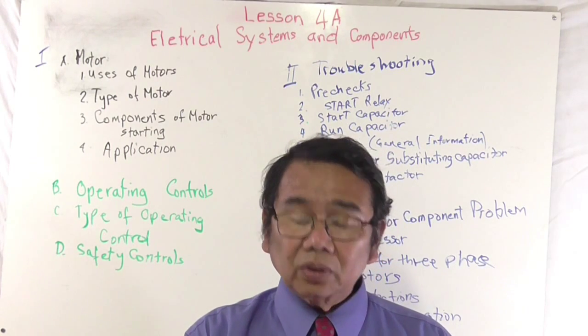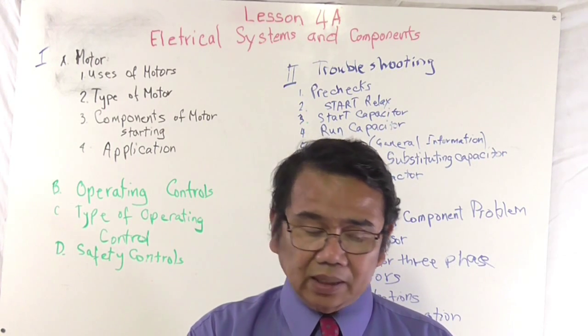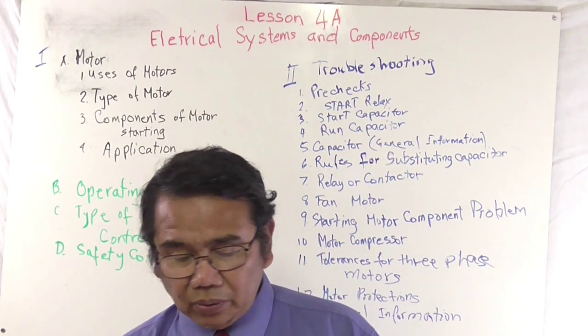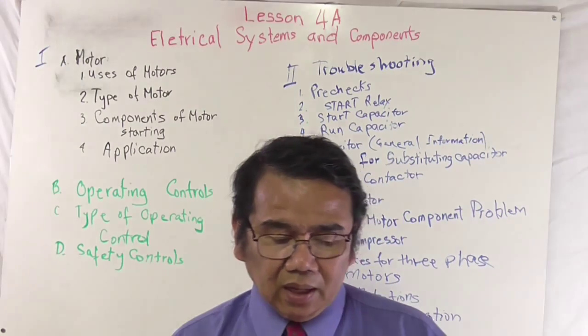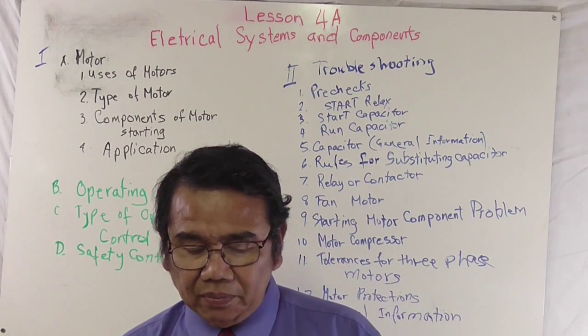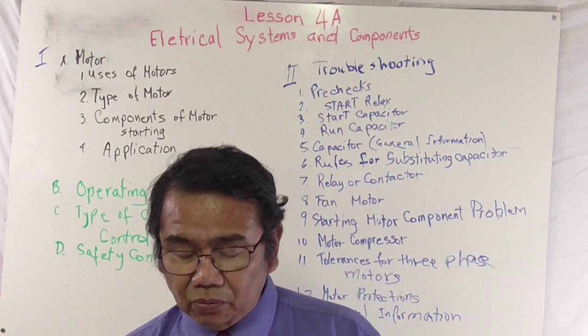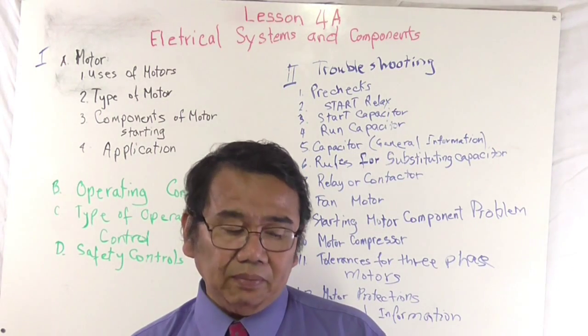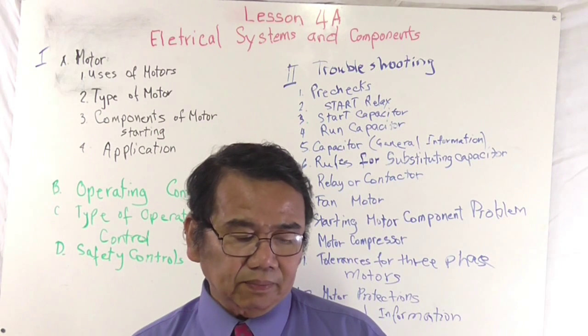On the PSC motor, the run capacitor is sized to perform as a starting capacitor as well as a run capacitor. A run capacitor will have a metal casing. A start capacitor will have a plastic casing.